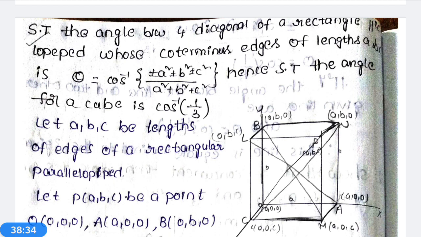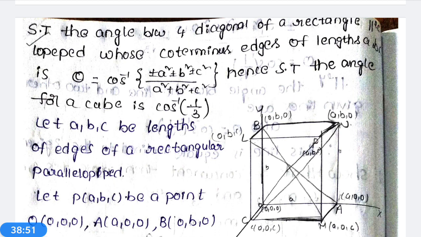Hence show that the angle between the four diagonals of a cube is cos inverse 1 by 3. Two results have been asked. The second result can be computed using the first result.